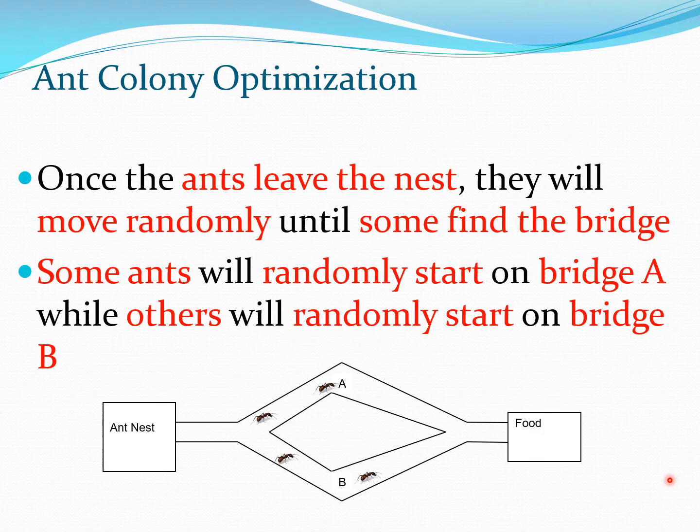Now once the ants leave the nest, they will move randomly till some find the bridge, and then some ants will randomly take bridge A and some ants will randomly take bridge B. So at this point it is completely a random situation.